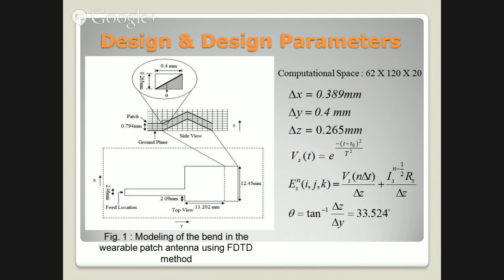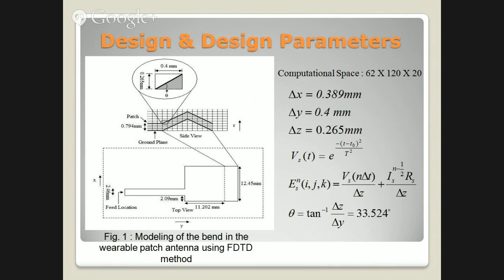This is the modeling of the bend in the antenna. We have taken the last 10 cells to model the bend in the y direction and 8 cells in the z direction. We have kept the same height of the substrate.